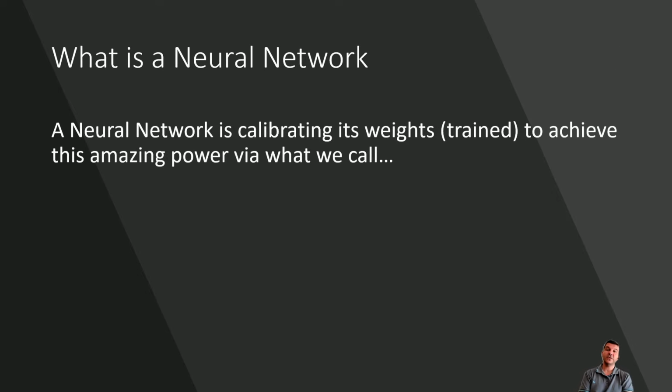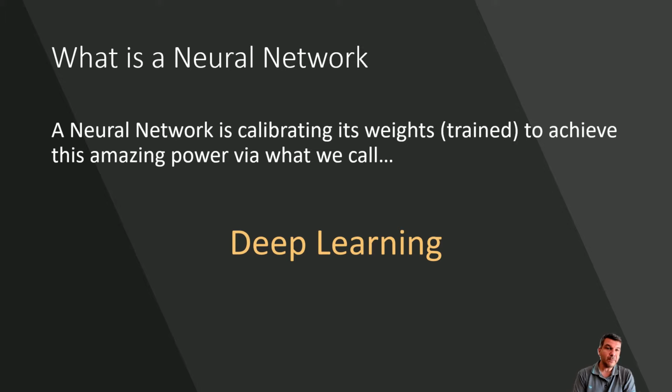Now, a neural network is calibrating its weights, which is actually the training part, in order to achieve this amazing power by something we call deep learning. Now, what do I mean by calibrating weights? Well, when we are about to start training neural networks, we have already defined the architecture.